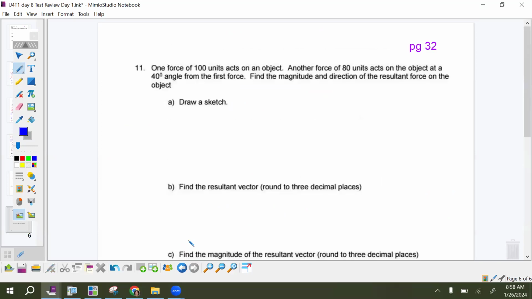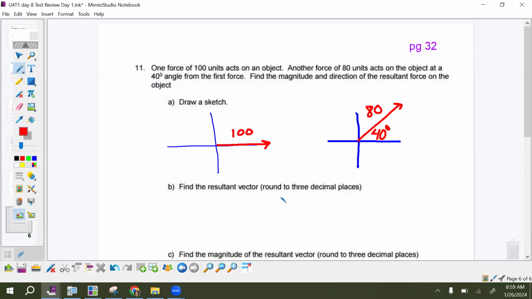All right, one more. A force of 100 units acts on an object. Doesn't tell me the direction. I'm going to pick 0 degrees because that's easiest. Another force of 80 units acts on an object at 40 degrees from the first. Oh, I'm really glad I chose 0 now because 40 would be my reference angle with the other force.